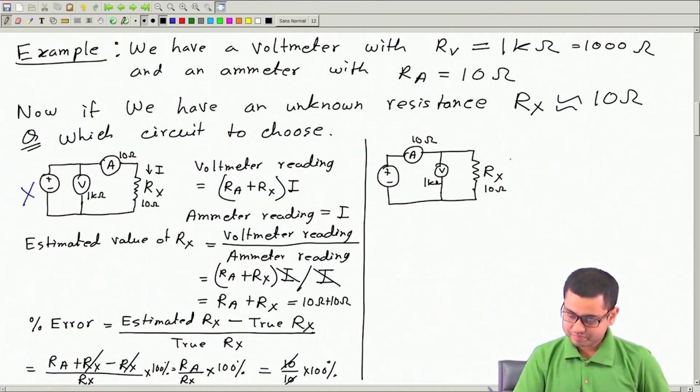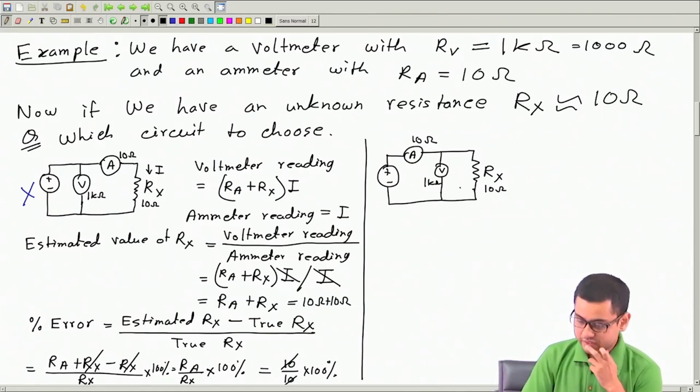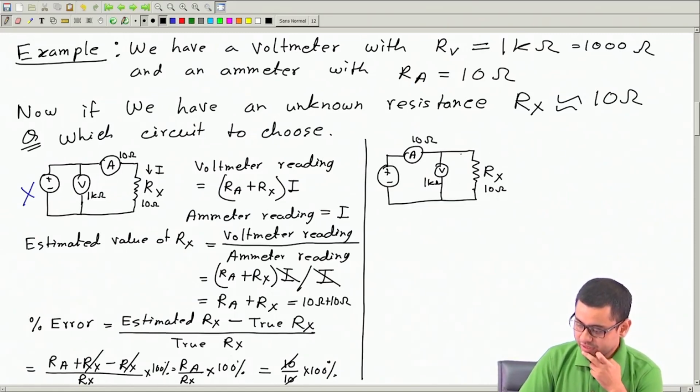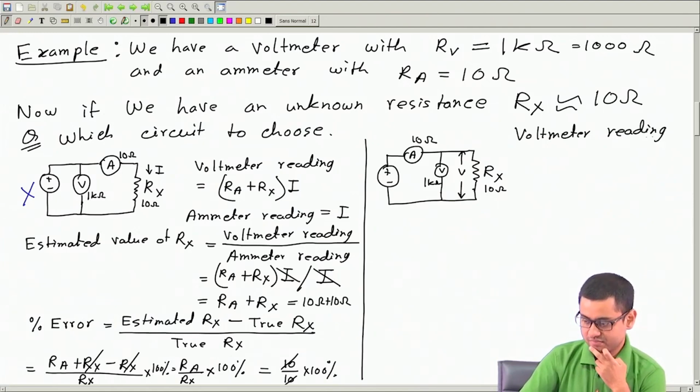Okay, for this circuit, it's easier if we start our calculation by assuming the voltage across the resistance to be V. If this voltage is V, then the voltmeter reading will definitely be V, because it's directly across this voltage.